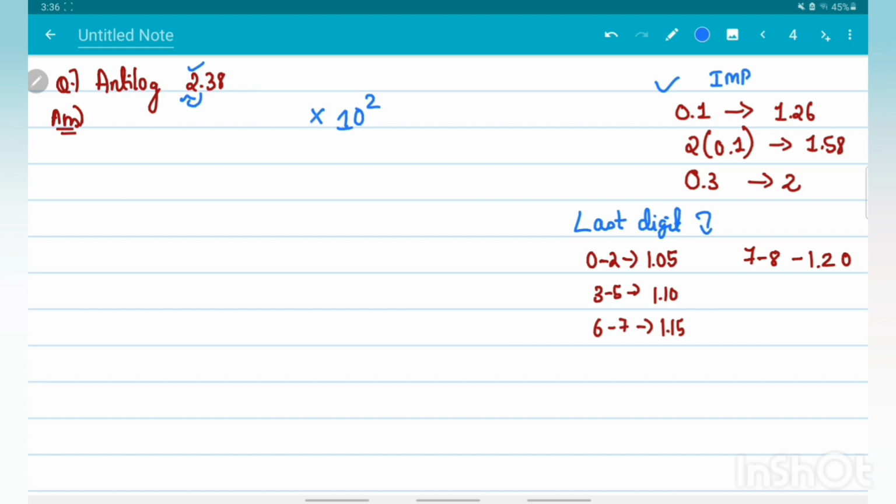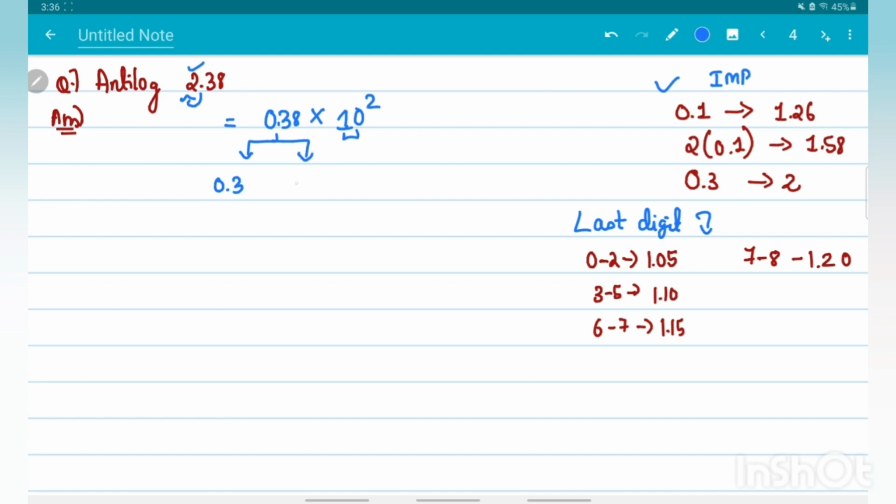Now we are going to multiply and write the rest of the number. In this 2.38, if you remove that 2, then 0.38 is left. Or if you subtract 2 from 2.38, you get 0.38. Keep this 10 square aside for some time and we will solve this 0.38.